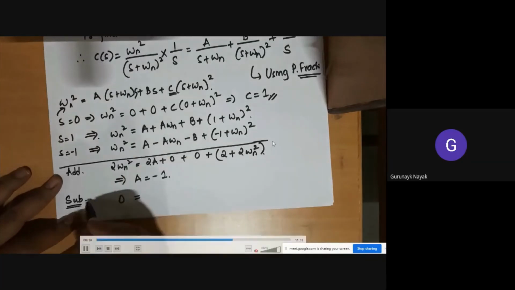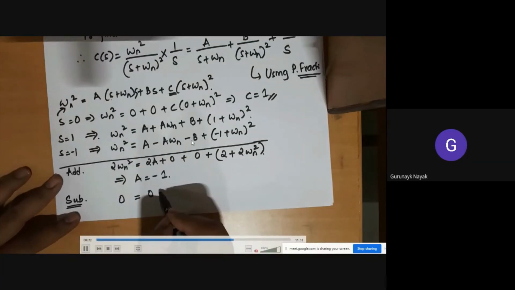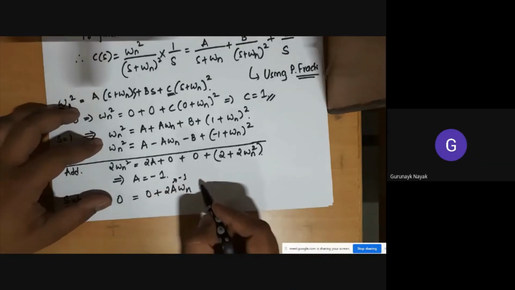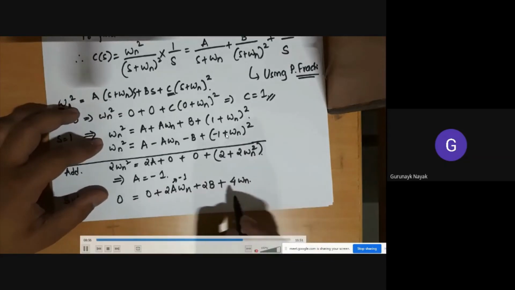Let me show the answer for B also, then you can cross verify. For B, I am subtracting the two equations. So it will start with 0 equal to subtracting both of these equations. The sign will change for all these elements. So minus omega n square is 0. Then A will become 0. Then this will become 2A omega n, because subtraction of minus means it will become plus, 2A omega n, where A is minus 1, already known, plus 2B, and if you subtract these two terms we get 4 omega n.